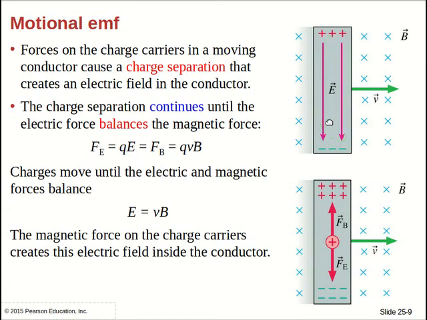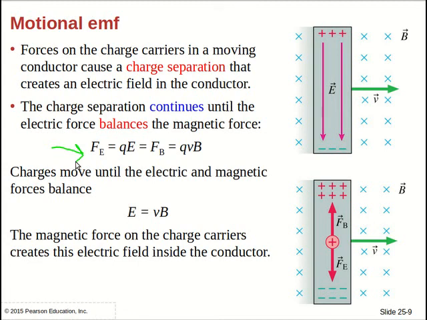Well, that's because the forces that are driving the charges up in the case of positives and down in the case of negatives, because they're moving through the magnetic field, will be met with an equal and opposite force on them from the electric field that they produce. The electric field will eventually become large enough to cancel the magnetic force which is separating the charges, and they will reach an equilibrium where those two forces are balanced. Let's look at the electric force first.